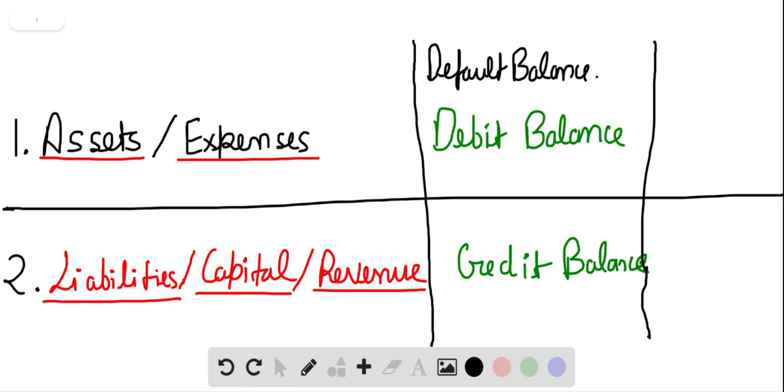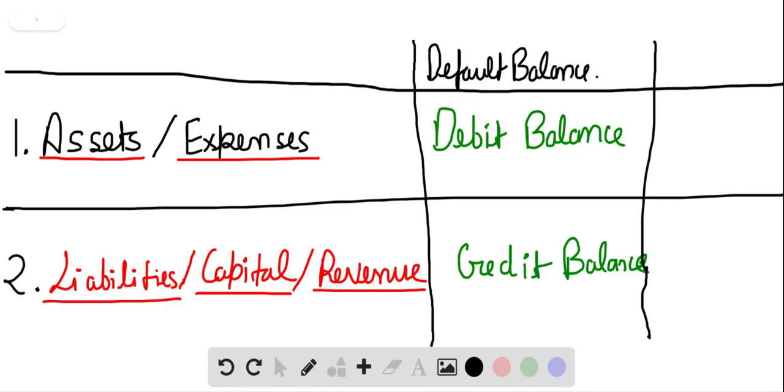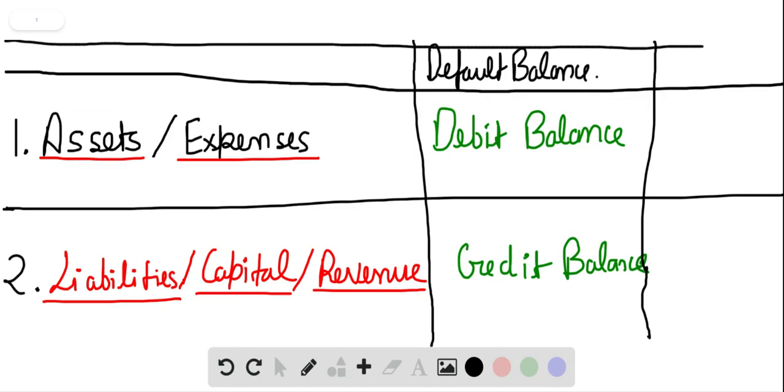So we do not need to pose irrelevant logics about why we have debit balance and credit balance for different types of accounts. It is just a methodology. Like in science, there is a concept of gravity. You cannot ignore it to solve many problems in daily life. That is why we have debit balance and credit balance.